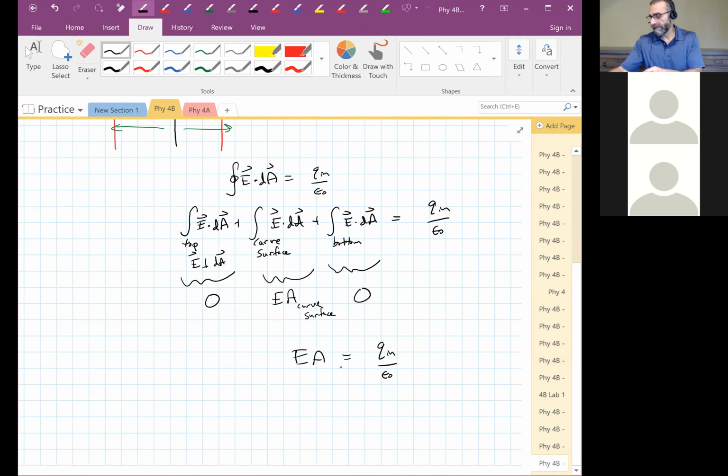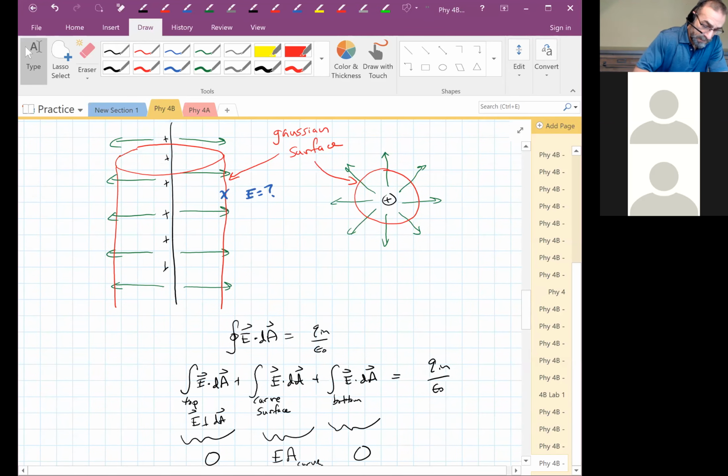Because if this is our cylinder, we could cut it down the side and open it up. This was 2 pi r. This is the length or the height of the cylinder. I usually use h.